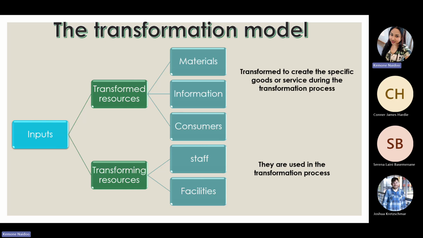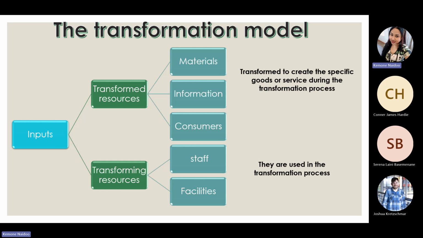Maybe we found that our processes are not effective and we need to switch things up. So that can also be a starting point for us. Okay, and then of course, consumers, we can have their feedback as well. So these are all the resources that we can use to create specific goods or services.